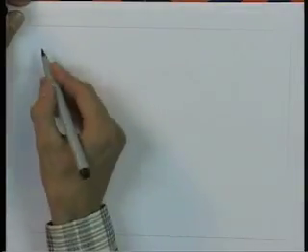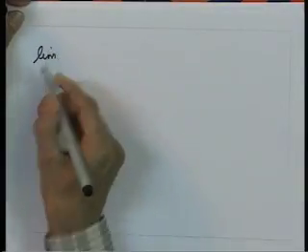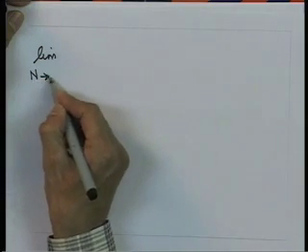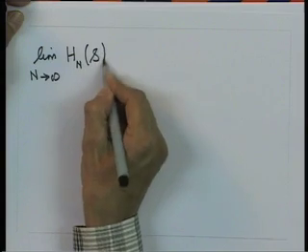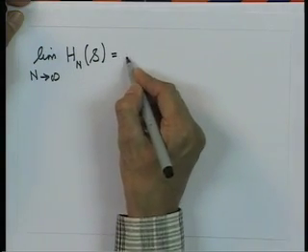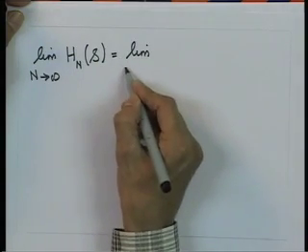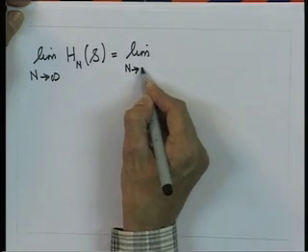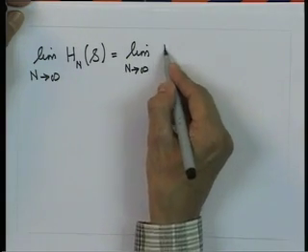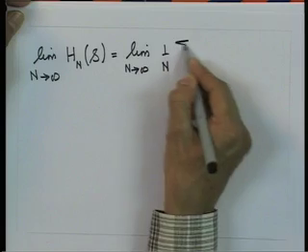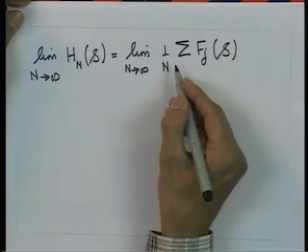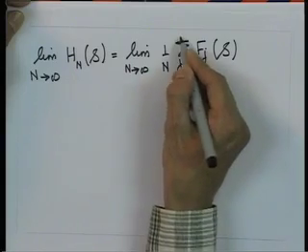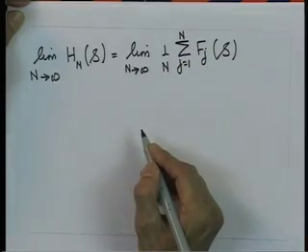So, the limit as n tends to infinity of HN(S) would be the limit as n tends to infinity of 1 by n times the summation of F_j(S), j equal to 1 to n.